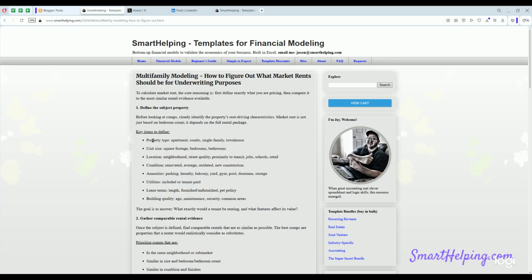So here's what you have: property type, apartment, condo, single family, townhouse. Unit size, square footage, bedrooms, bathrooms. Location, neighborhood, street quality, proximity to transit, jobs, schools, retail. Condition, renovated, average, outdated, new construction.